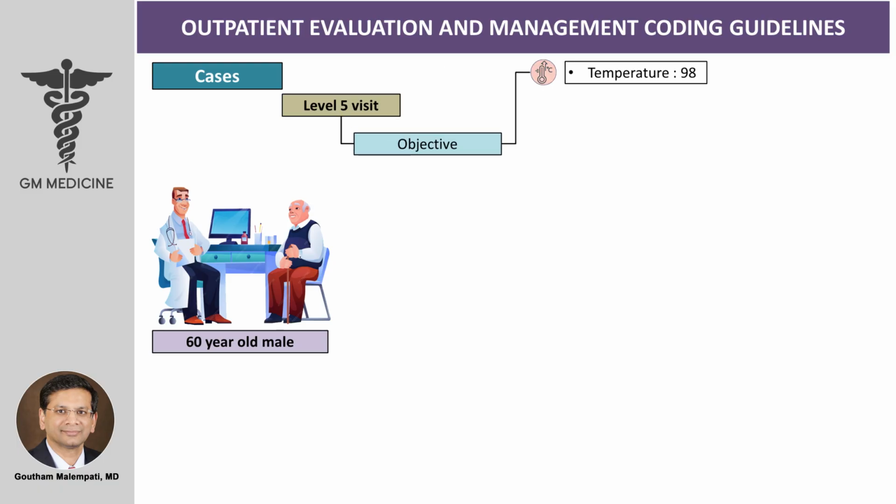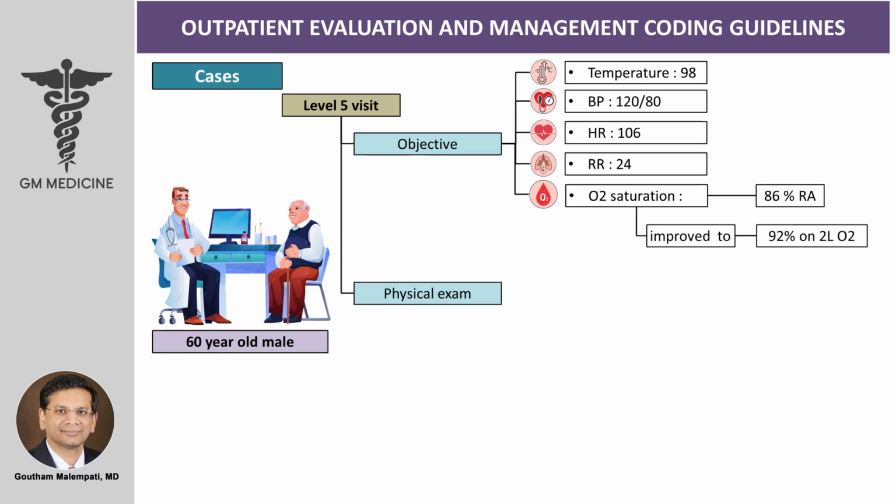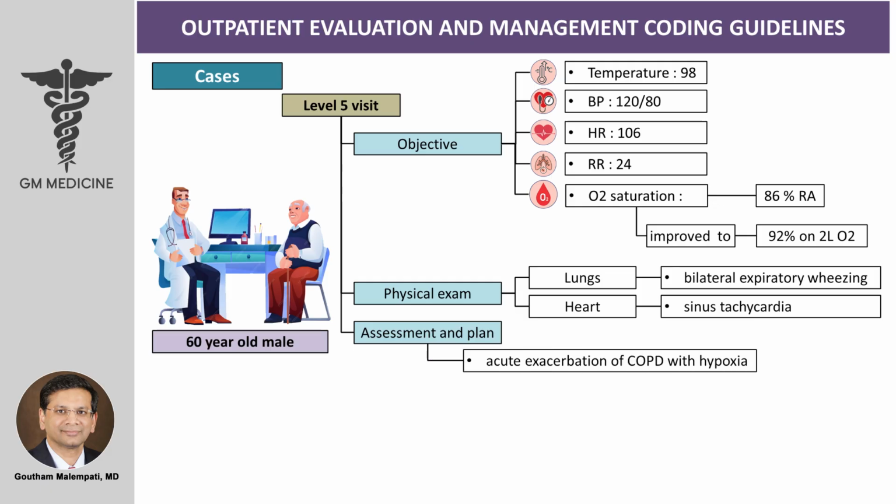Objective: vitals, temperature 98, blood pressure 120/80, heart rate of 106, respiratory rate of 24. Oxygen saturation on room air was 86% and improved to 92% on 2 liters of oxygen. Physical exam: lungs, bilateral expiratory wheezing; heart, sinus tachycardia. Assessment and plan: acute exacerbation of COPD with hypoxia.